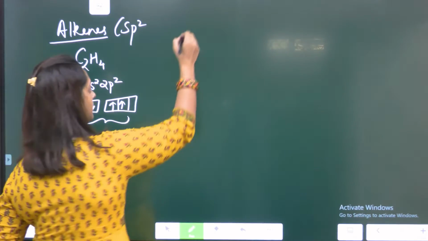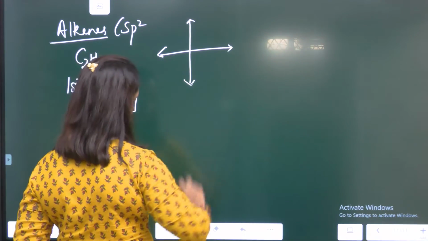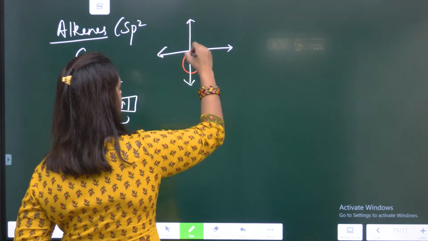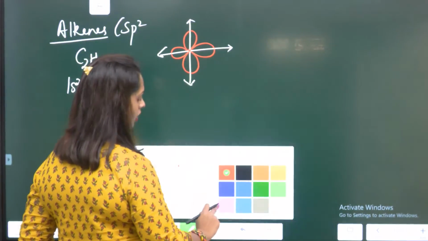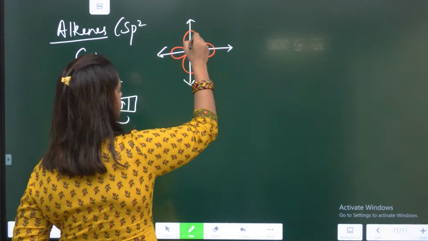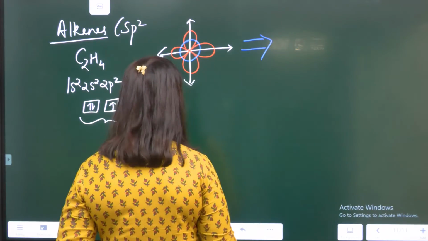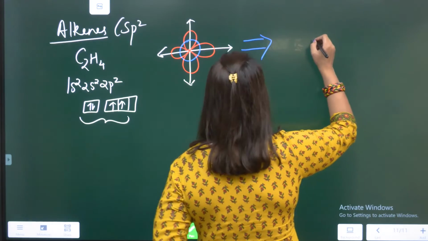When these orbitals are mixing, the two lobes in the direction px, py along with an s, this will result in trigonal planar geometry, right?